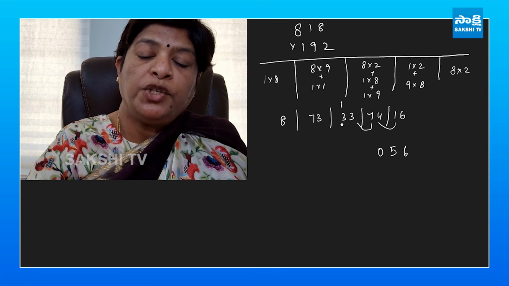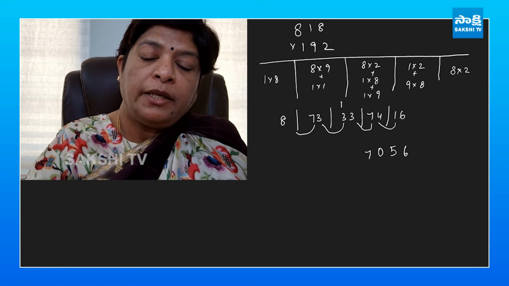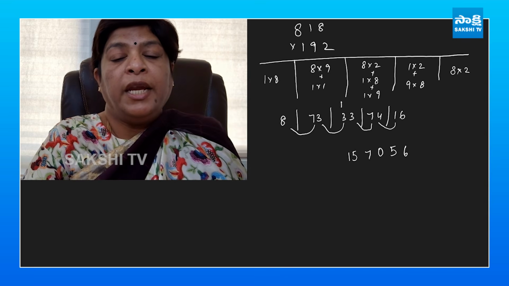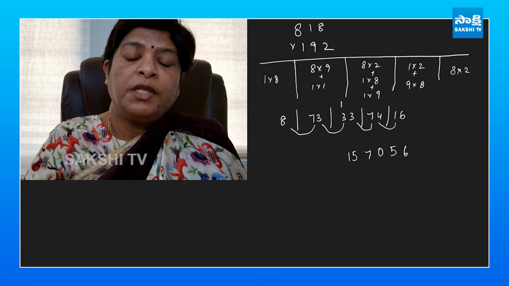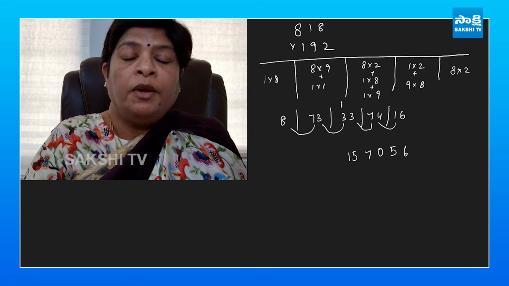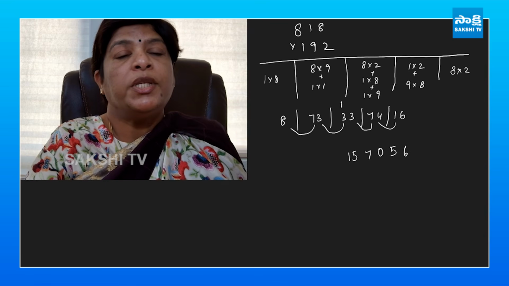So 3 plus 1 is 4, 4 plus 3 is again a 7, 7 plus 8 is a 15. So 818 times 192 gives us an answer of 157056.